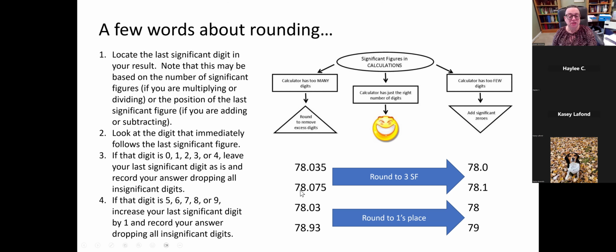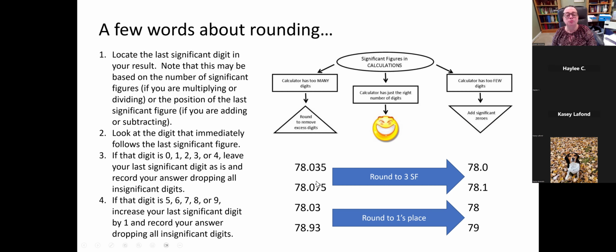Okay, well, let's see how it's different for the number right underneath it. 78.075. Again, we're going to round it to 3 significant figures. So we're going to start and count 3 significant figures, and then we're going to look at what comes right next. We'll start with the 7, and then the 8, and then the 0. That's 3 significant figures.